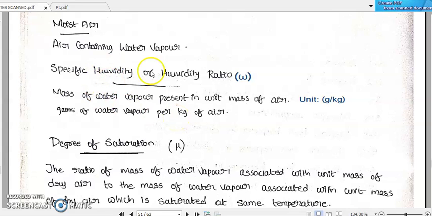If the atmospheric air surrounding us is completely filled or saturated with water vapor, then that air can no longer take up any more water vapor. So whatever sweat is produced on our skin surface will remain or condense back, and we experience that phenomenon as sweating.